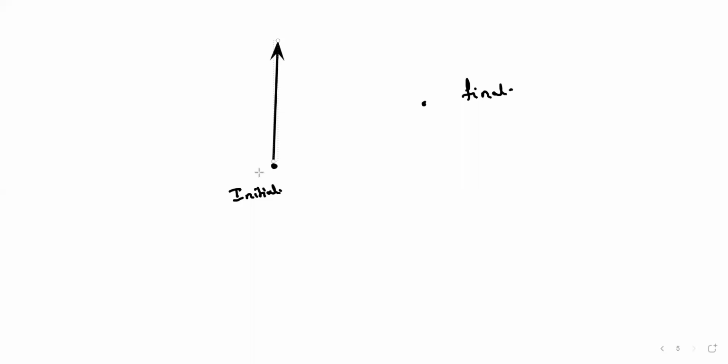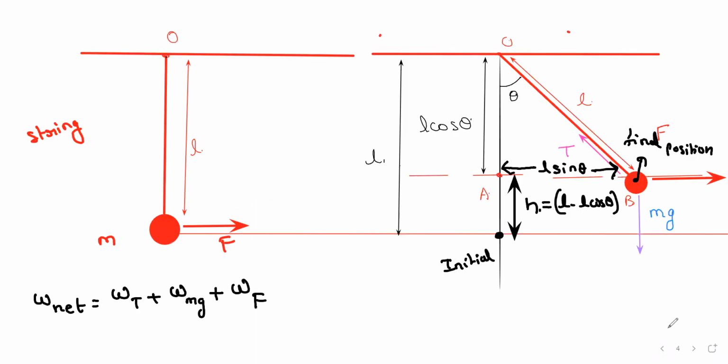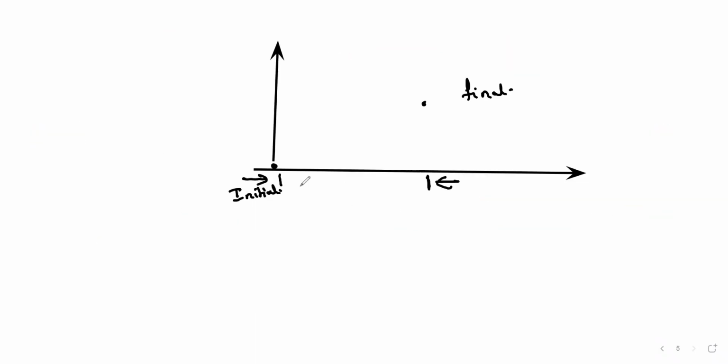This is the x-axis. This is the y-axis. What is this distance? This distance is L sin theta. This distance is H, L minus L cos theta.